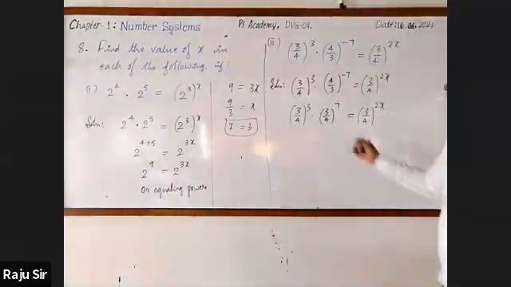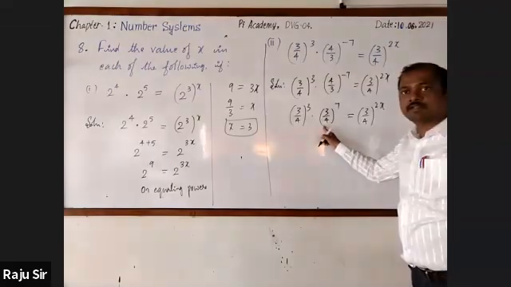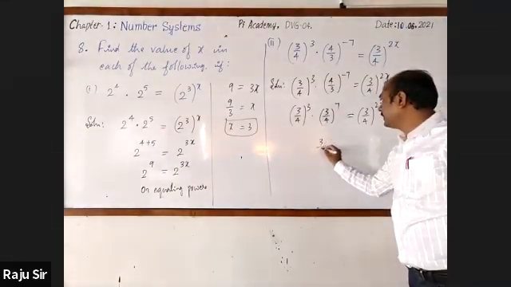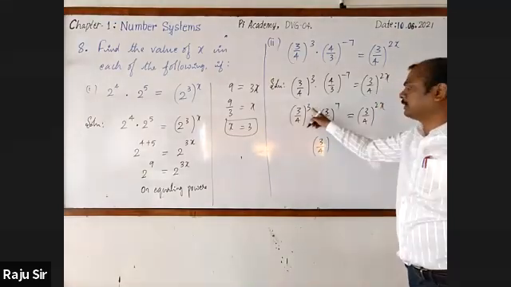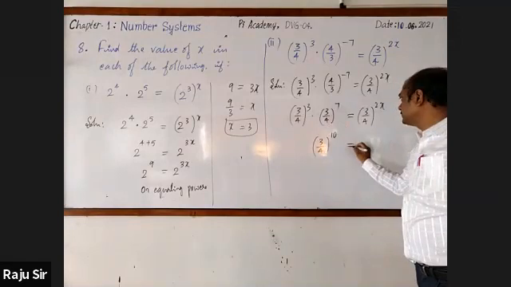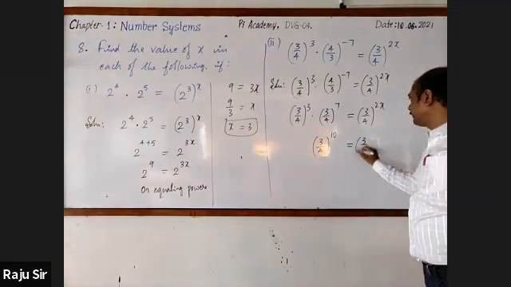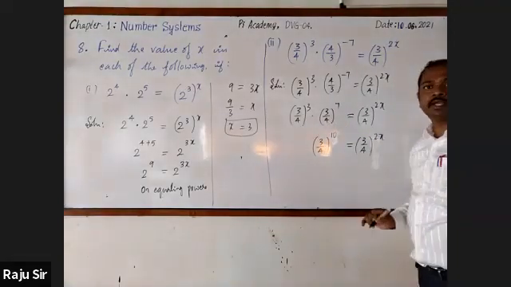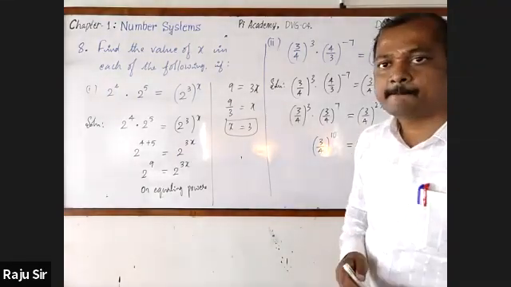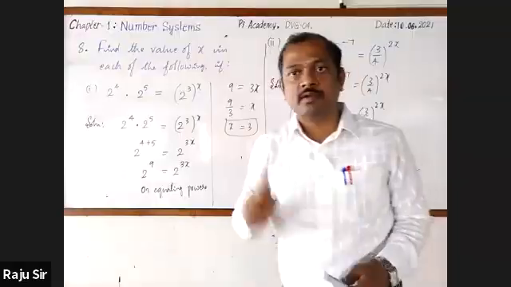Now on the left hand side, the bases are the same. Add the powers. So (3/4) raised to the power 3 plus 7, which is 10, is equal to (3/4)^(2x). Is the answer 5? Understanding?